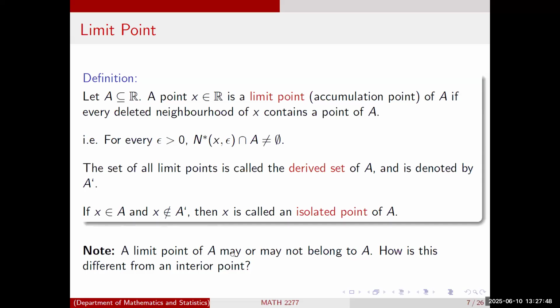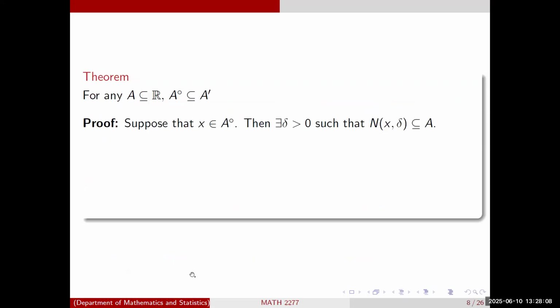Right, a limit point of A may or may not belong to the set A. How does this differ from interior points? Interior points must also belong to the set A. Limit points may or may not belong to the set. So there is a relationship between, remember what this symbol is?